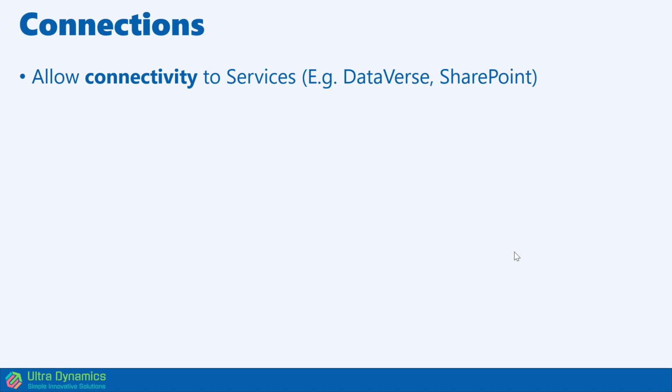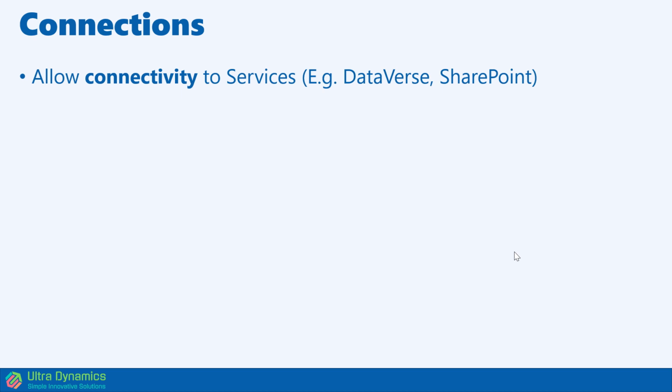So let's start by talking about connections. When you're building a Power Automate flow or a Power App, you have a variety of connectors that allow you to access multiple services and data sources. A connection is a way to connect into these services.